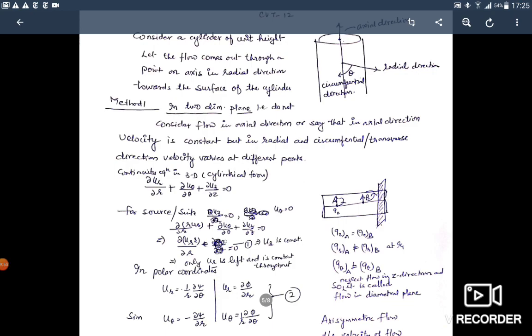Similarly, here is the situation in which this q_theta is also not there. Only u_r is there. So we get delta u_r by delta r is equal to 0, because in this equation of continuity you put u_theta to be 0, you put u_z to be 0. So it is delta (r u_r) by delta r equal to 0, giving r u_r equal to constant, or u_r is a function of r.